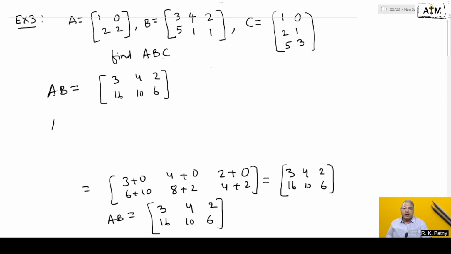So ABC is nothing but AB, that is 3, 4, 2, 16, 10, 6, multiplied by C, that is 1, 0, 2, 1, 5, 3.